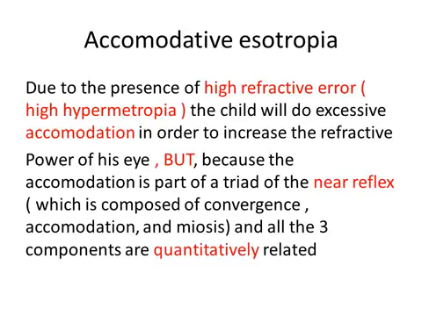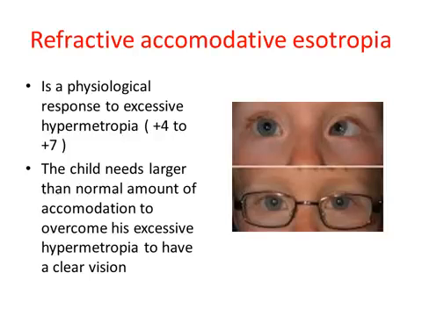But because accommodation is part of a triad called the near reflex, which is composed of convergence, accommodation, and miosis, and all these 3 components of the near reflex are quantitatively related. So refractive accommodative esotropia is a physiological response to excessive hypermetropia, usually in the range of +4 to +7.